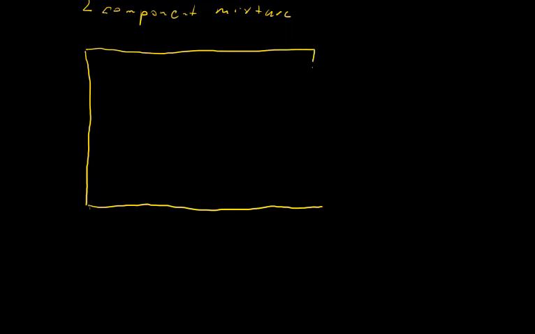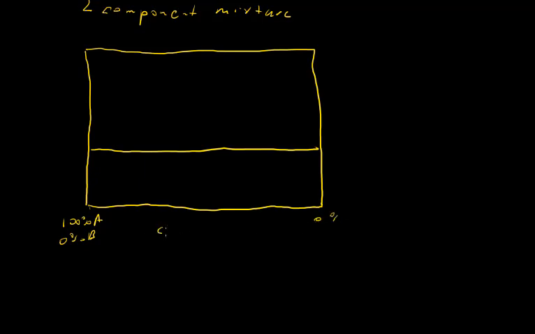Depending on how well I can draw this, it looks something like this. And so at this end we have 100% A and 0% B. And at the opposite end we've got 0% A, so this is composition of our mixture, 0% A and 100% B.